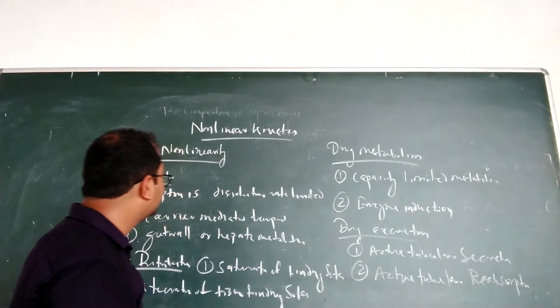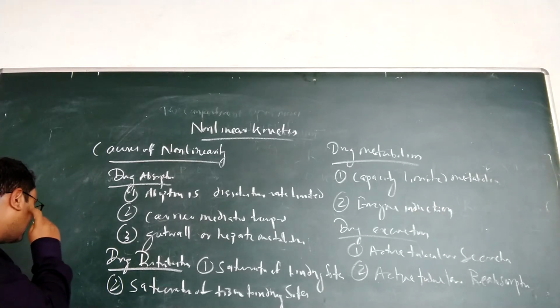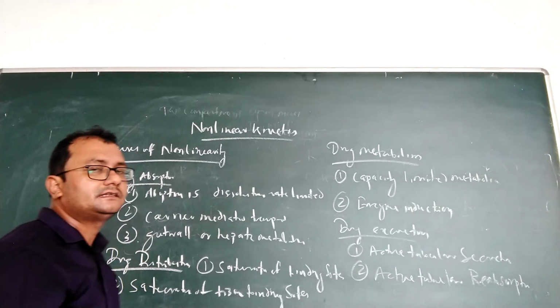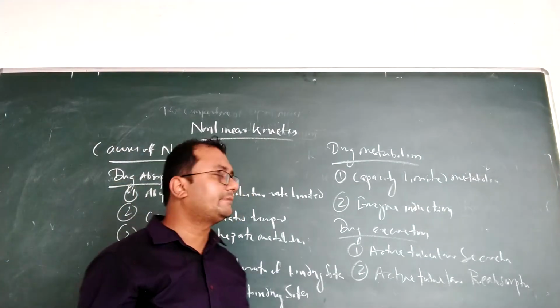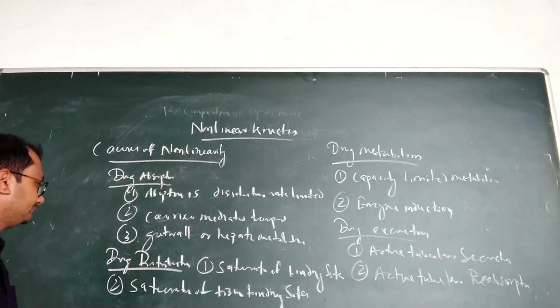So that's why we will see non-linearity. The next one is gut wall or hepatic metabolism. Many drugs like propranolol, hydralazine and verapamil undergo pre-systemic metabolism. So that's why we will see non-linearity.